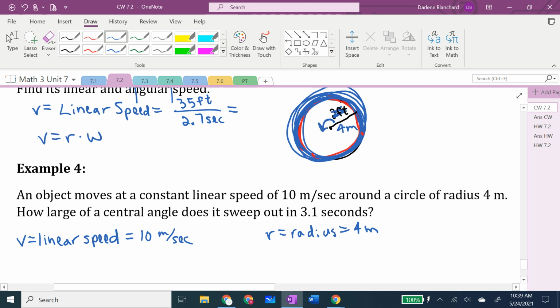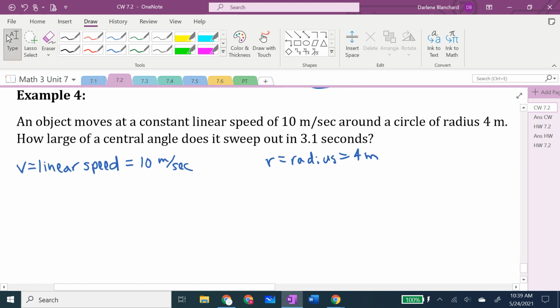So I want to know how much angle I get with 3.1 seconds. I want to know what my theta is equal to.